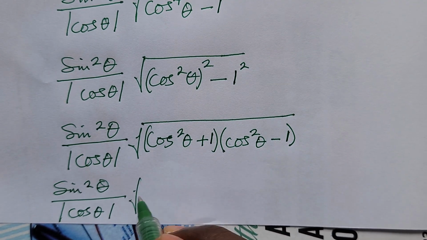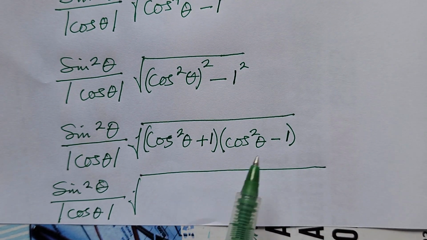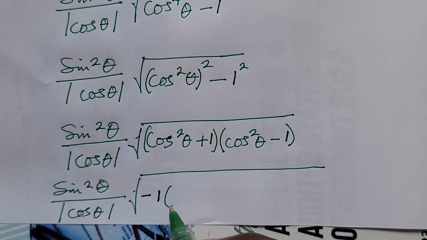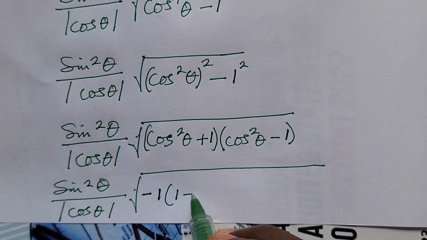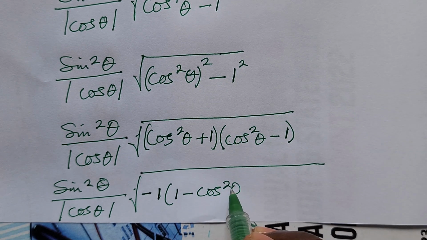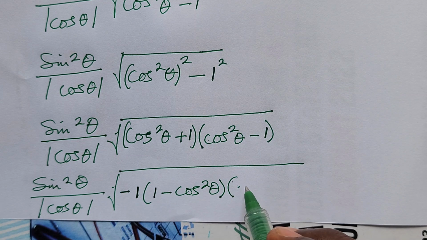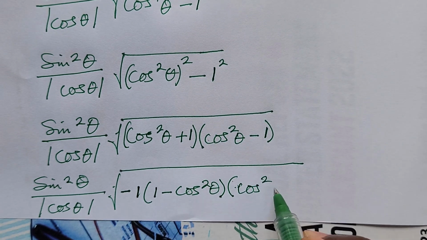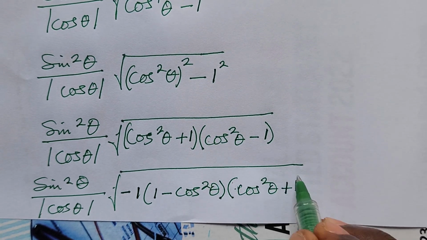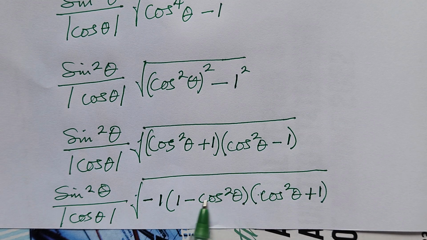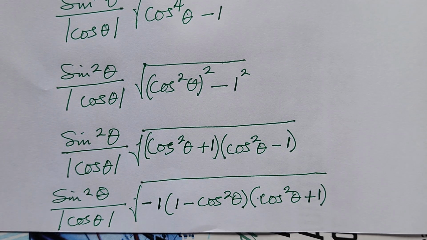Bringing this out, I want to rewrite this as the minus 1 into the 1 minus cos square theta, close bracket, into here, this will now come in, which is cos square theta plus 1. Check this out. Has this changed anything? If I use this to open up this expression alone, it will give me this back again. Okay, so let's continue.